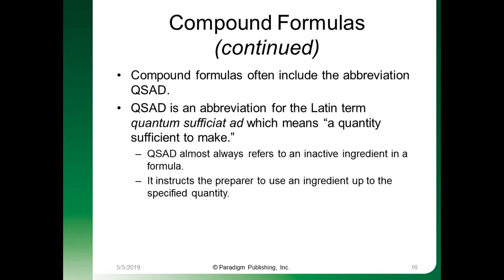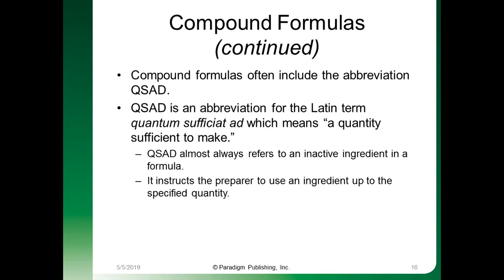Compounded formulas often include the abbreviation QSAD. QSAD is an abbreviation for the Latin terms quantum sufficit ad, which means a quantity sufficient to make. So QSAD almost always refers to an inactive ingredient in the formula. It instructs the preparer to use an ingredient up to the specific quantity.